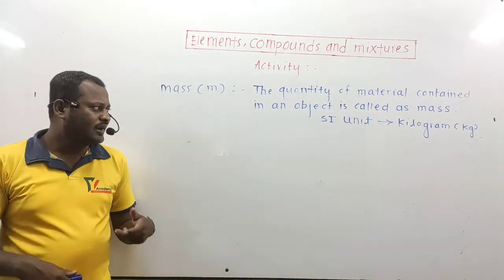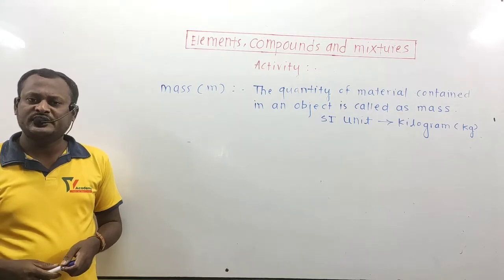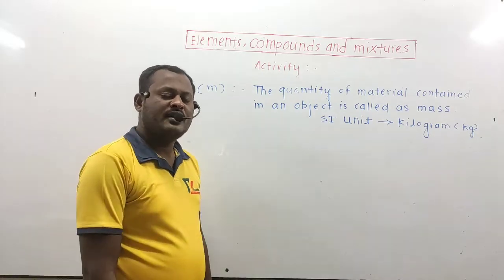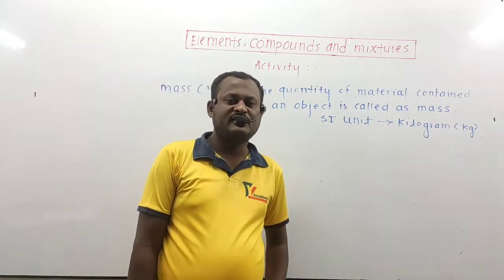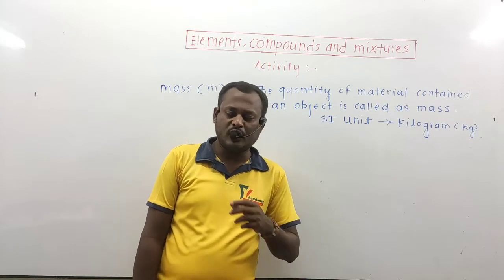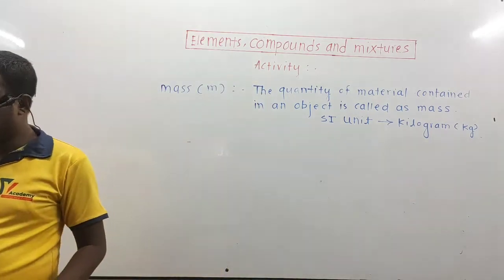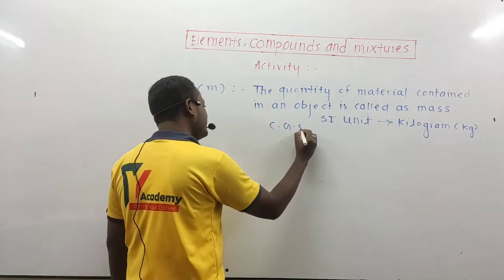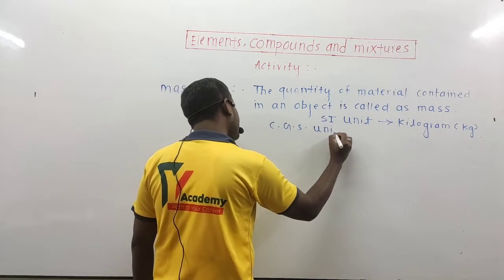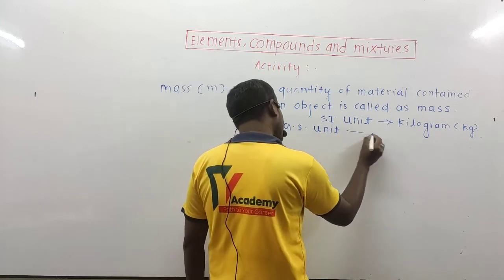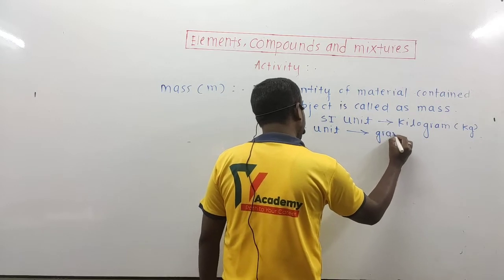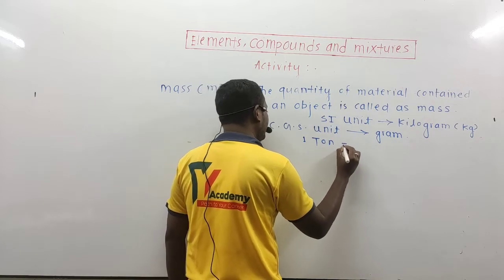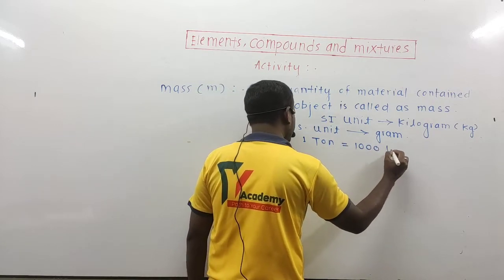Then other larger units are also there, quintal and ton. 1 quintal is equal to 100 kilograms, and 1 ton means 1000 kilograms. Remember all these things.